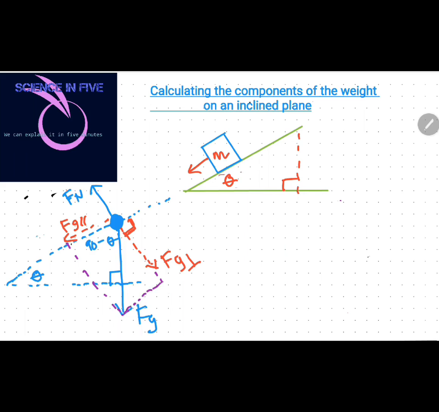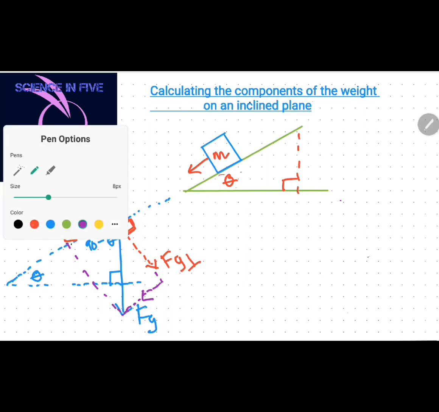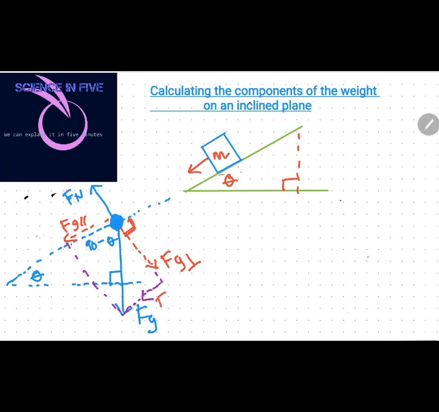If this is a parallelogram, I know that opposite sides are equal and parallel. Okay, so this side here is also Fg parallel. This side here is also Fg perpendicular.